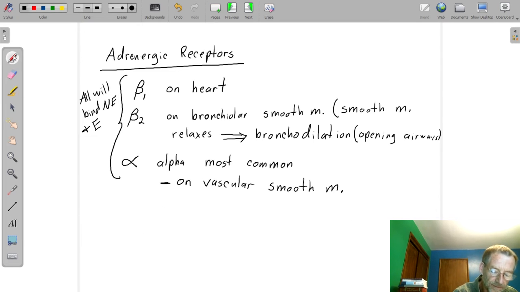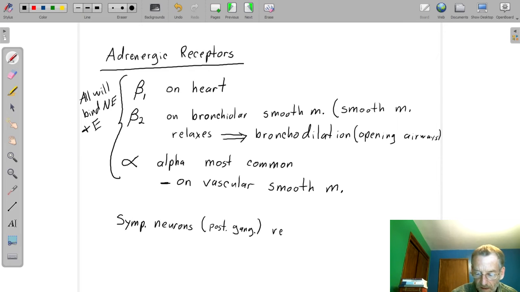Let me do it this way. Let's say that sympathetic neurons release norepinephrine, and these are the postganglionic. They release norepinephrine only.